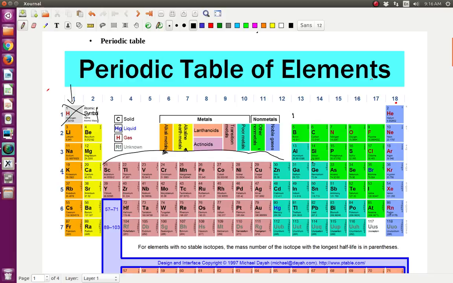And then, of course, you have the boron family, the carbon family, the nitrogen family, the oxygen family. These guys have a special name called the halogens. And right here, halogens. And these are the noble gases. Okay, so those are some of the things we talked about here.